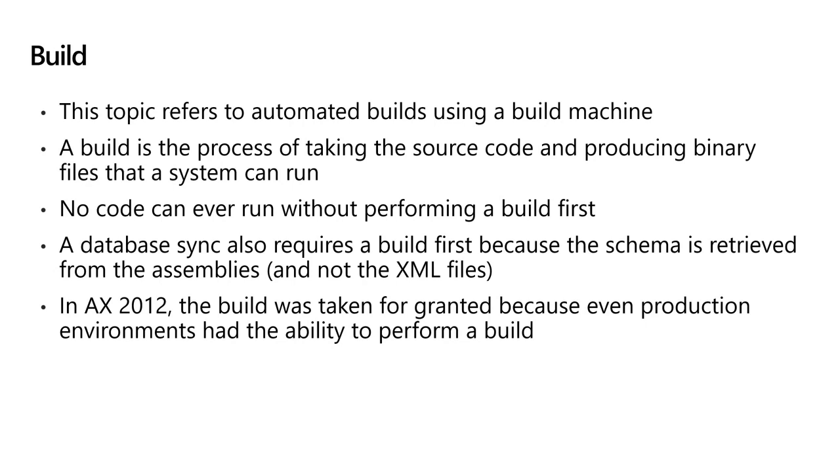And this includes the database sync for finance and operations because it retrieves the schema for the tables from the assemblies and not from the XML source files. And we mention these things about the build because in AX 2012, the build was sort of taken for granted a bit because every environment was able to do a build, including production. And in finance and operations, only the development and build machines can perform builds.